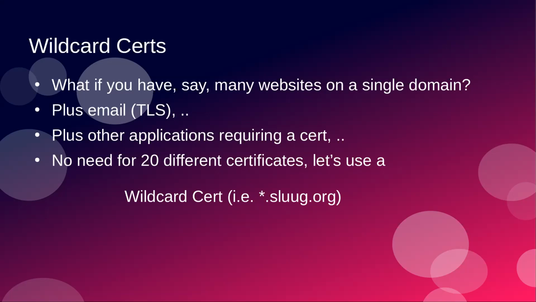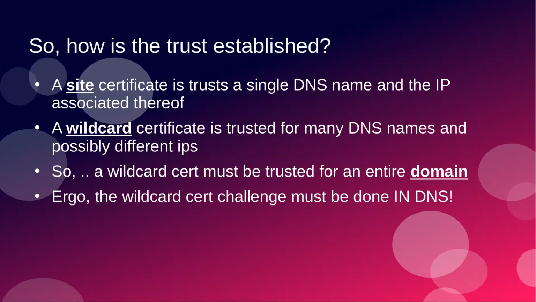So think about it for a second. We want to validate or trust any host name that ends in .sluug.org. We can't do it with standalone or web root because there's more than one possible host name for it. So the question is, how do you establish a trust relationship? A site certificate trusts a single DNS name for the IP, any IP associated thereof.